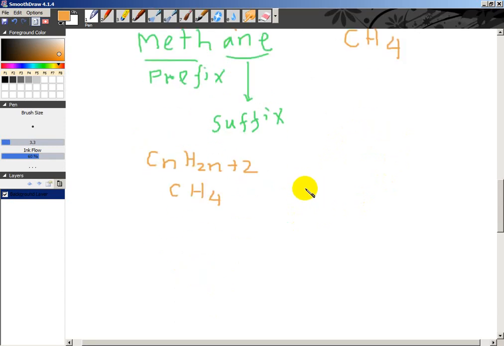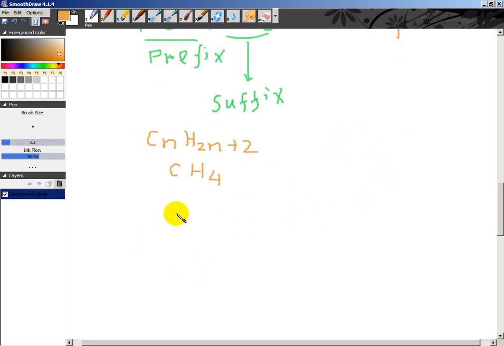And what will be the structural formula of ethane? Ethane means 2 carbon, and n means alkane, carbon-carbon single bond. We know carbon has 4 valency, so it can form 4 bonds.